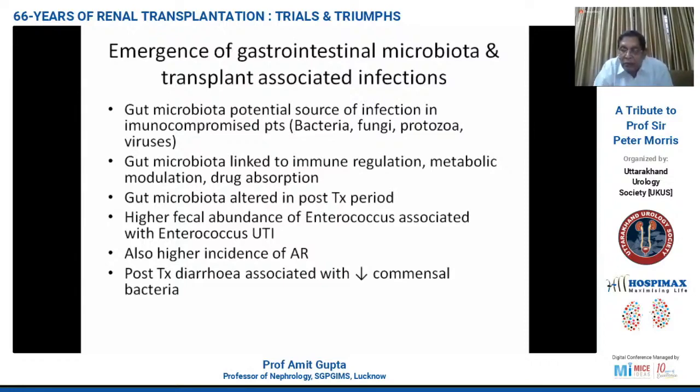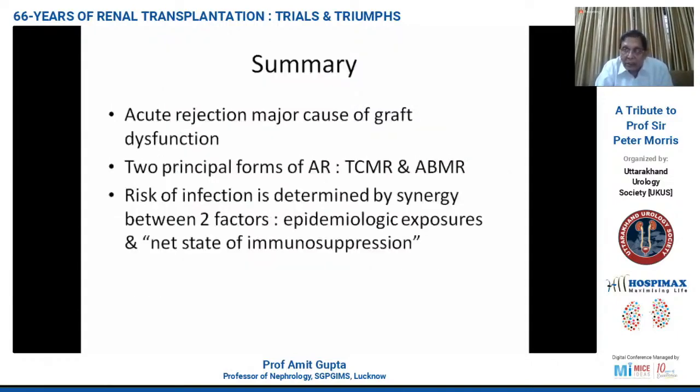This gut microbiota gets altered in the post-transplant period. There is a higher fecal abundance of enterococcus, which can lead to enterococcal UTIs. Also, because of this altered gut microbiota, there could be a high incidence of acute rejection. So this is another area that people are looking at.